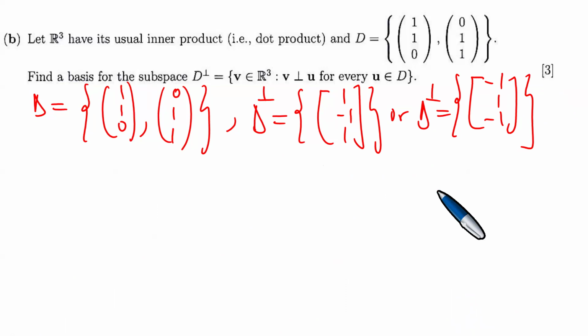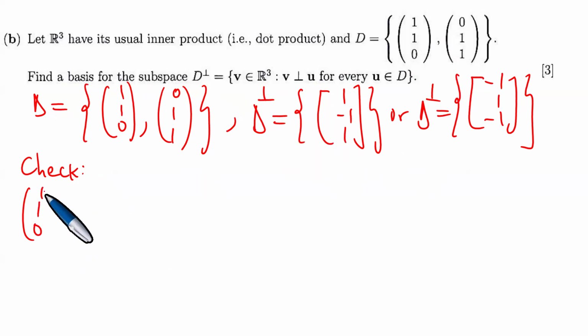So now we continue. We need to check these things. Now, to do a quick check, which the examiner does not quite expect, let's dot this one with this. We are first taking this D perp because the D we know is already given. So the D is correct, but we need to check our own that we got.